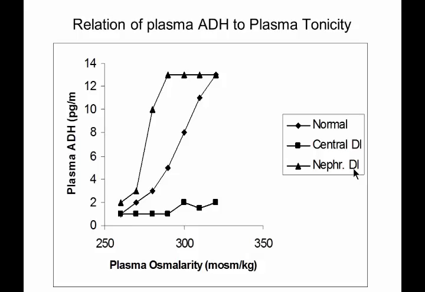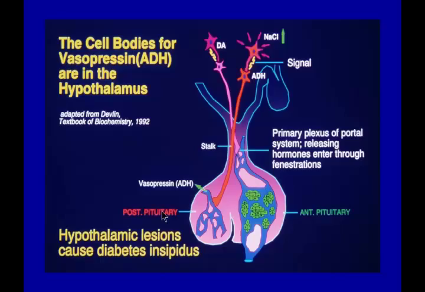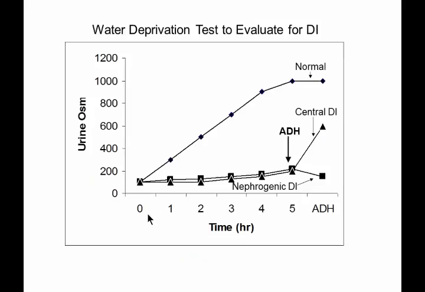If they have nephrogenic DI, they're already making a lot of ADH, and of course it would go even higher. So we don't really usually use this test, we use this one.